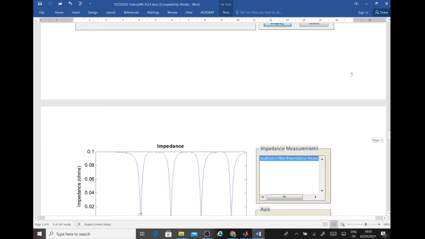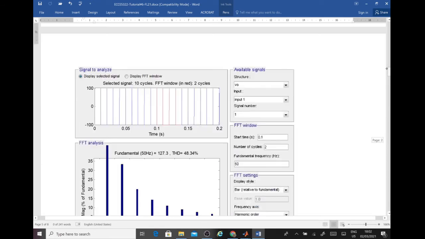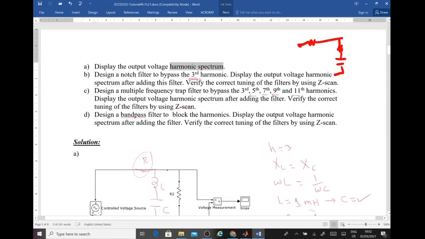Okay. The last part in this example says design a band pass filter to block the harmonic.